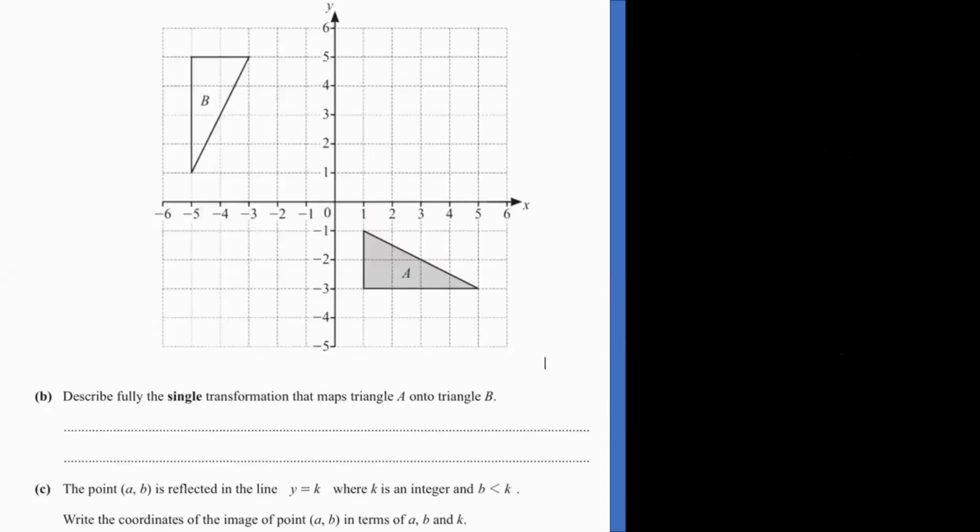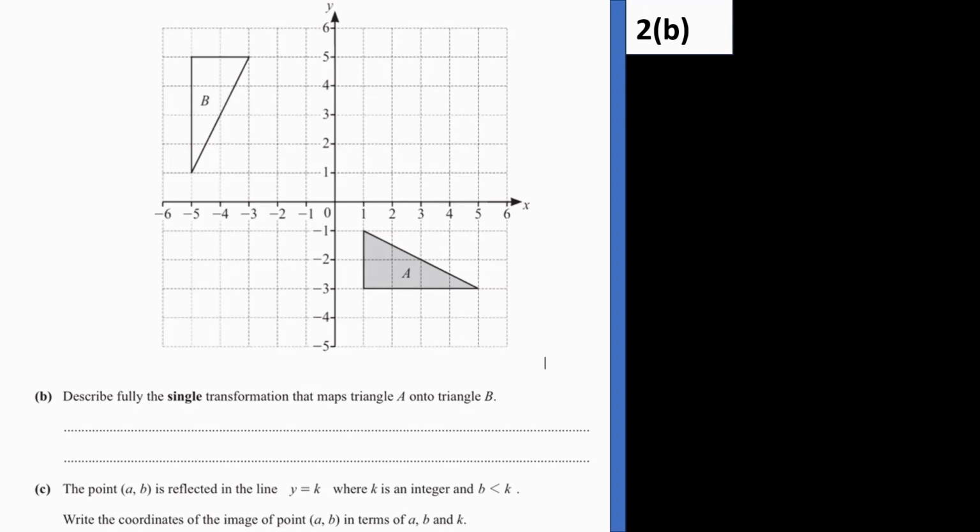Okay, let's move on now to question 2b. Here we are asked to describe fully the single transformation that maps triangle A onto triangle B. Okay, the single transformation.